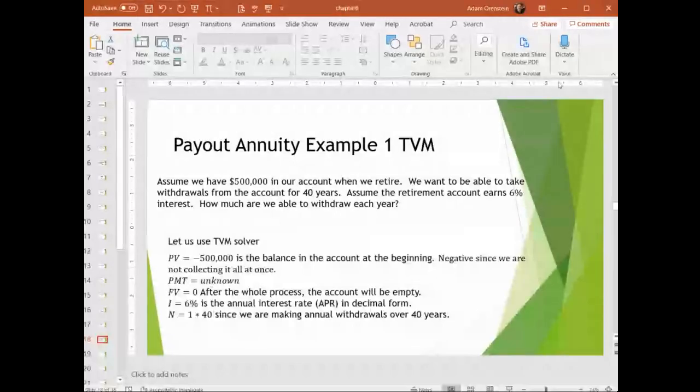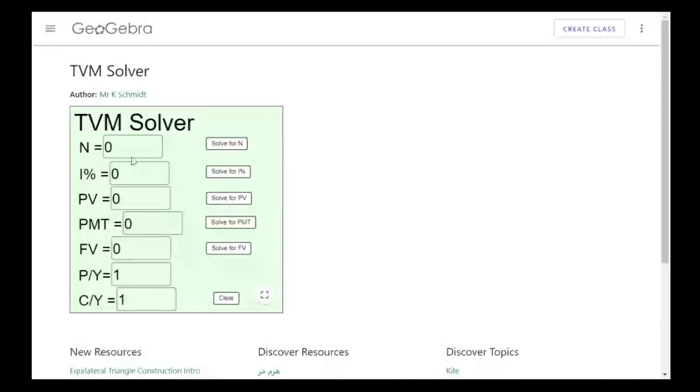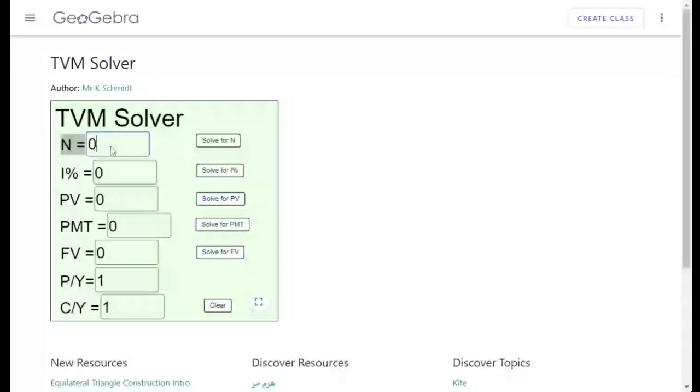Okay, let me now do this. So now let me get to the TVM Solver. Okay, let me clear it all. So again, our n is 40, 1 times 40.